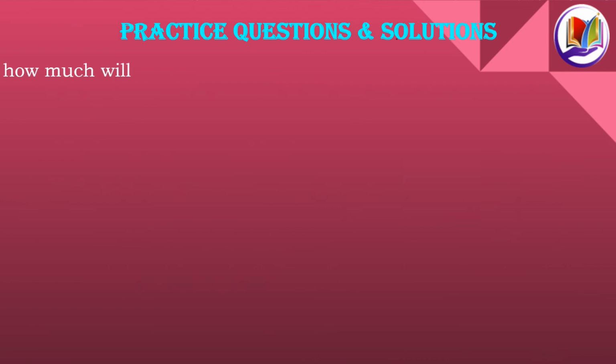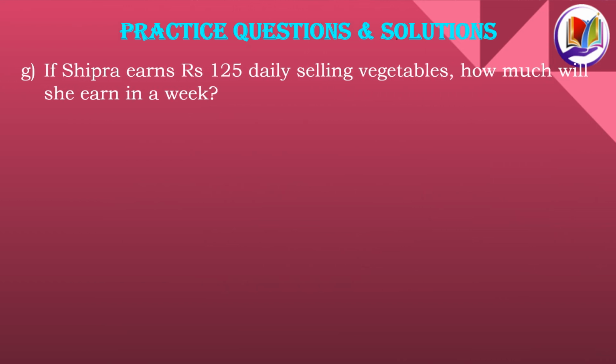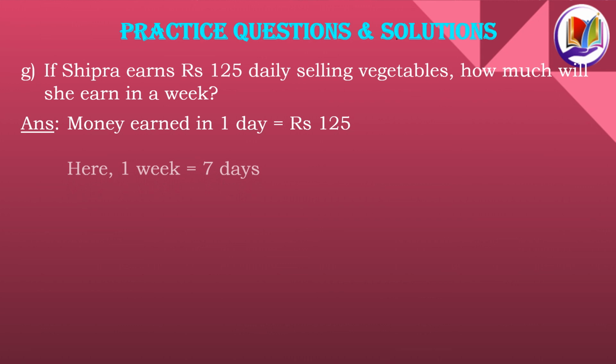Children, to the last question of this part. If Shipra earns rupees 125 daily selling vegetables, how much will she earn in a week? Well, money she earns in one day is rupees 125, and we know that one week has 7 days.